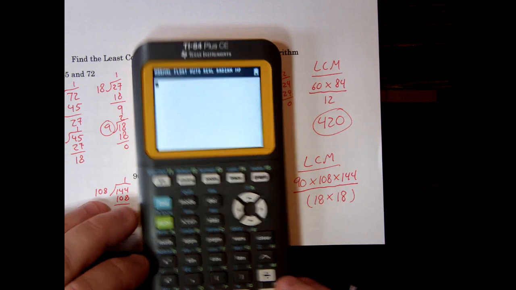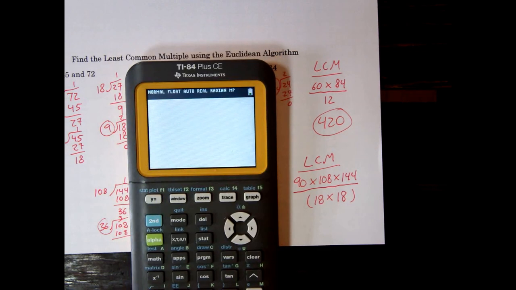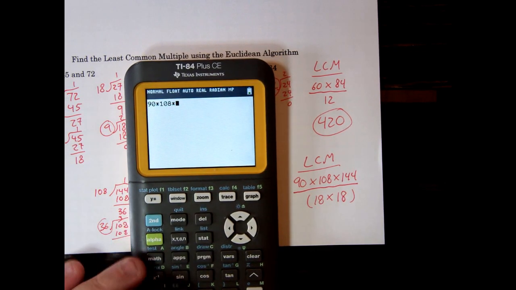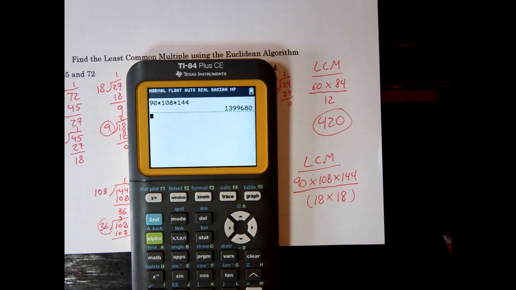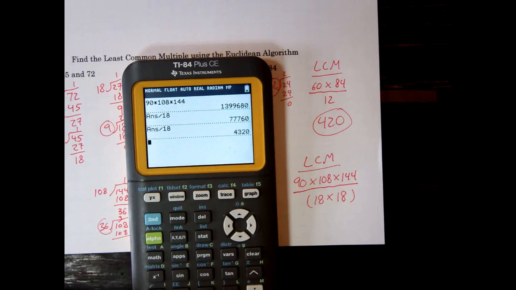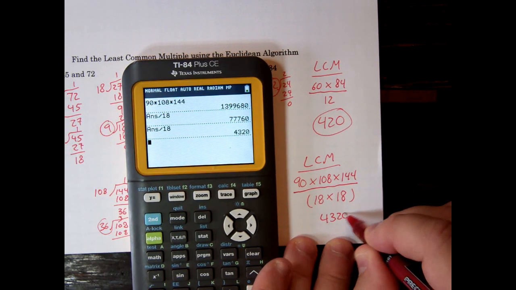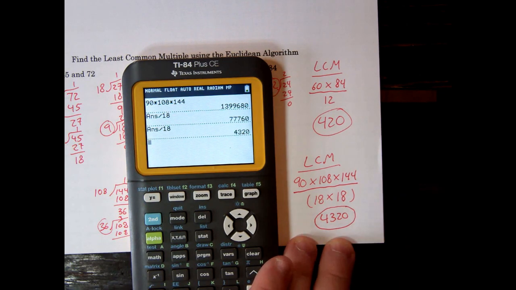So now you'd multiply them and divide that 18 out twice because there's 3 numbers. I'm going to multiply 90 times 108 times 144, divide the 18 once, divide the 18 again. So 4320 is the least common multiple.